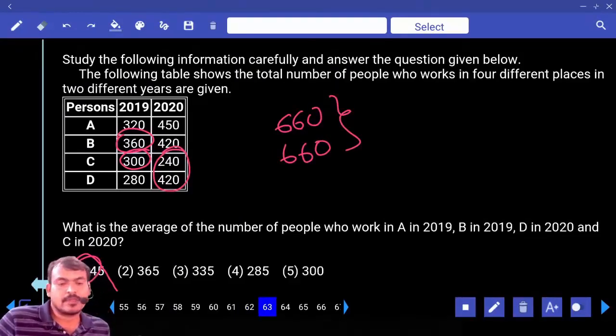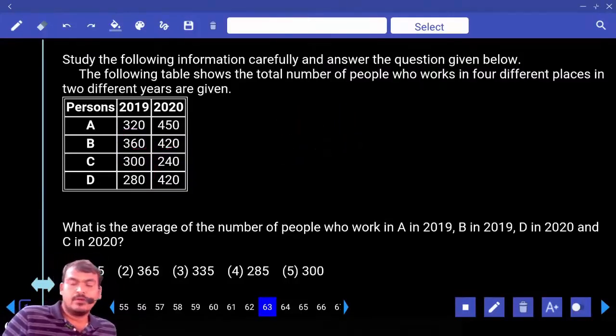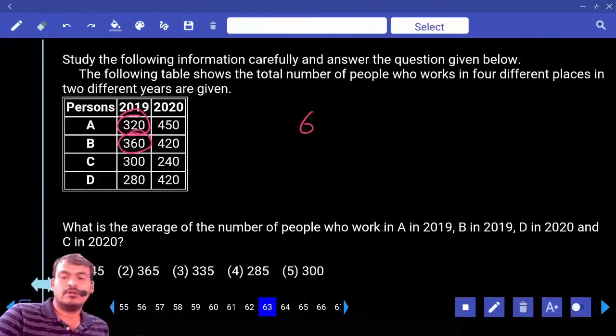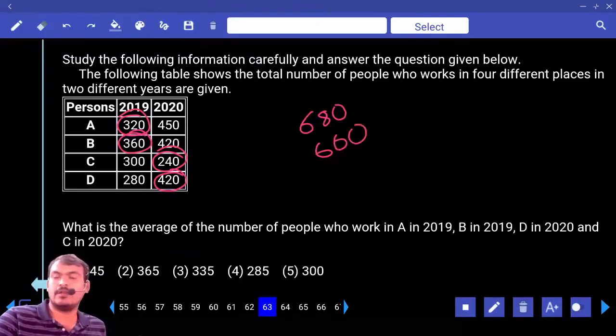Next 63. What is the average of the number of people who work in A in 2019, B in 2019 and D in 2020 and C also in 2020? What is the A value in 2019? 320. B value 360. Total 680. Next D value in 2020 420. C value also 2020 240. 420 plus 240 is 660.